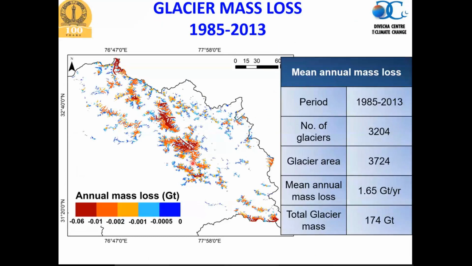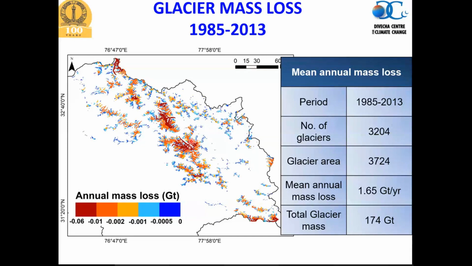You can do it not only over a period of time, but also spatially, how it is changing. You can see here the blue is showing relatively less mass loss, while the red tone is showing very high mass loss, clearly suggesting that there is spatial heterogeneity in mass loss.